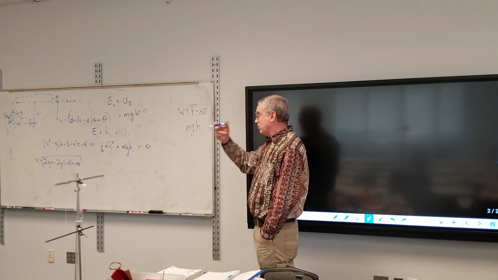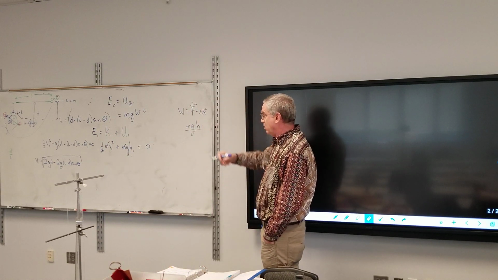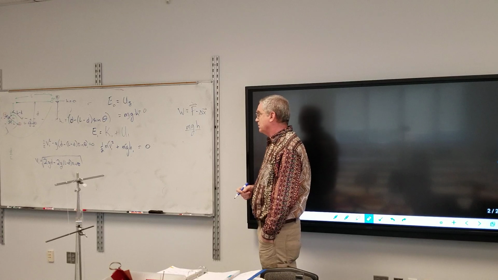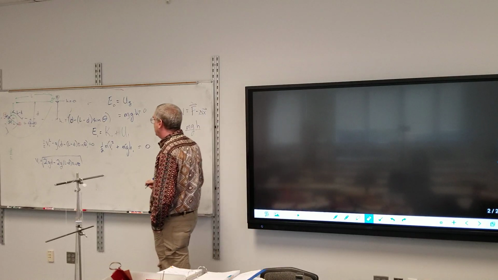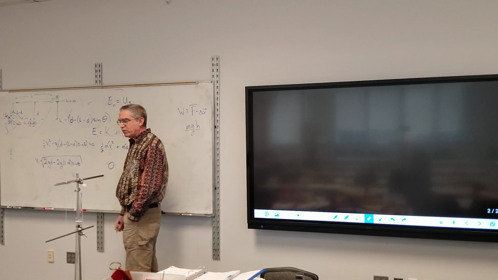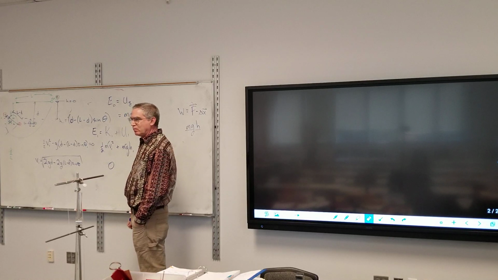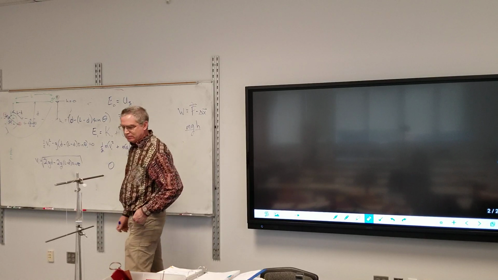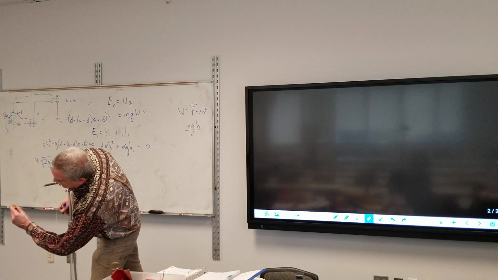It's traveling in a circular arc of radius L minus D. If we do a force diagram, what are the forces acting on this when it's at that point right there?